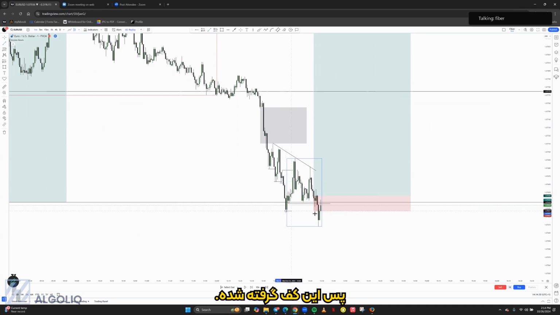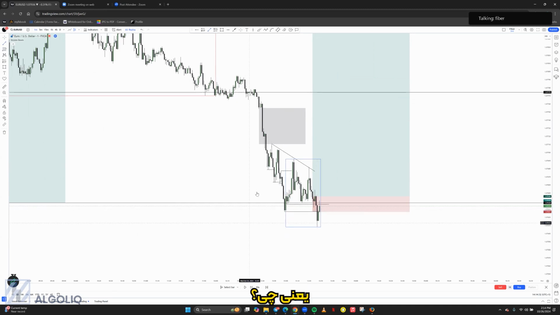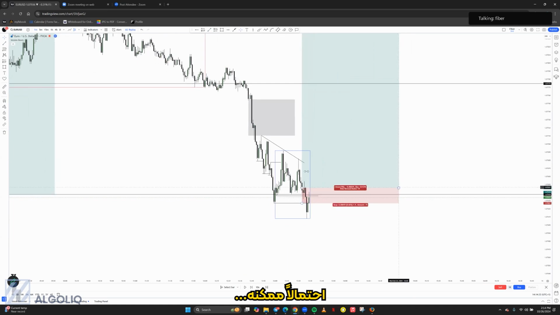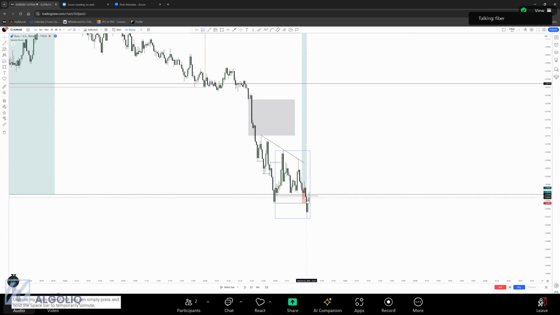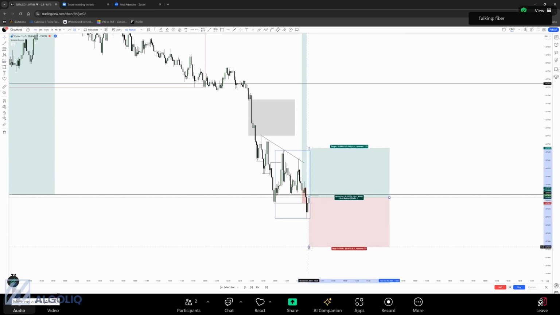So you have this low being taken. All right. Which means what? A likely possible, let's take the last chance for this buy. And if this buy doesn't go well, we just leave it for the day. We already have two bullish candle close.